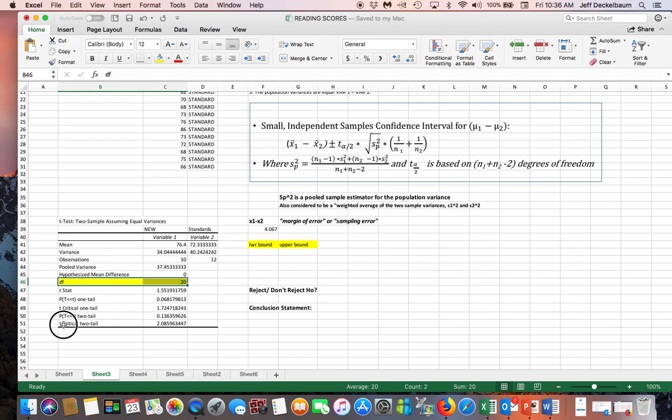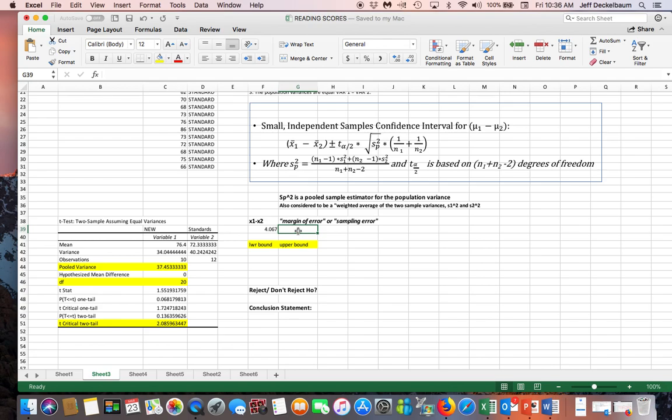It also calculates our t alpha over 2 score. That's this line right here. It also gives us the pooled variance, which I explained just a minute ago, that being the weighted average of the 2 sample variances. And so now we have all the terms we need to calculate this whole right-hand side of this equation.